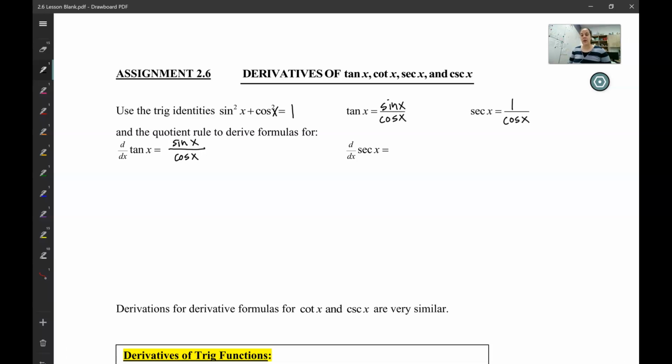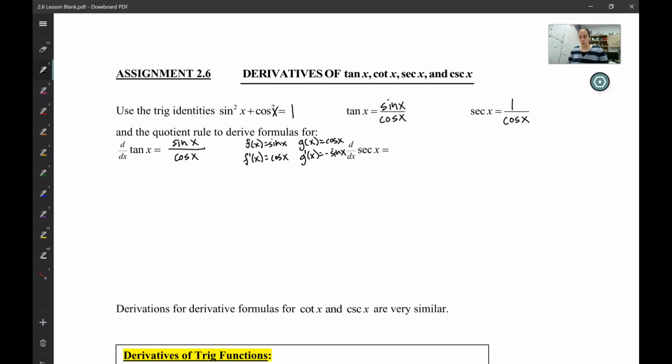Because now we can use our quotient rule on this because we know the derivatives of sine and cosine. So we're going to say f of x is sine of x, g of x is cosine of x. So f prime of x would be cosine of x. G prime of x would be negative sine of x. Those are rules that we've learned in the past.